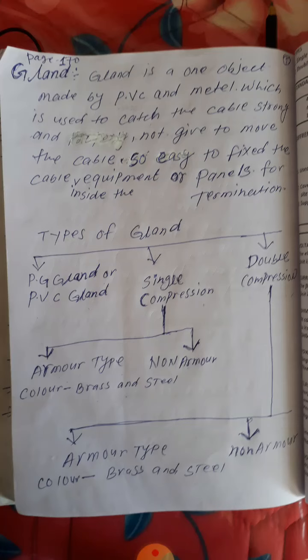A gland is one object made of PVC or metal.